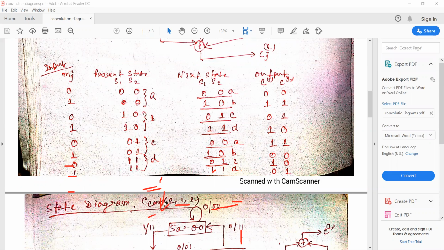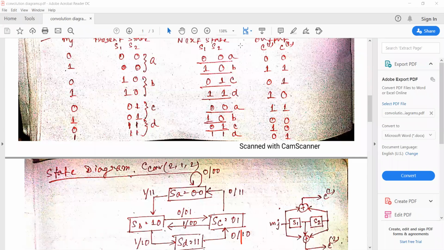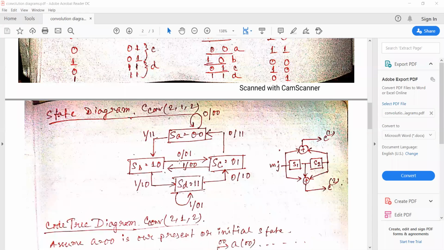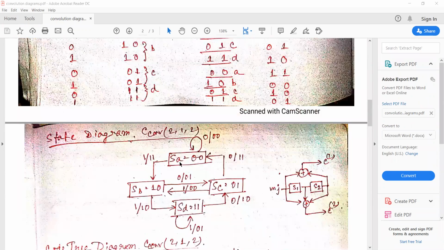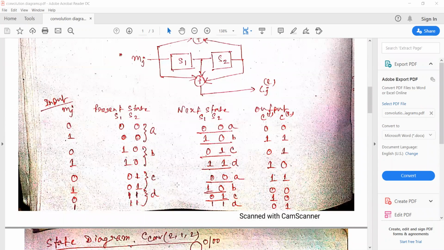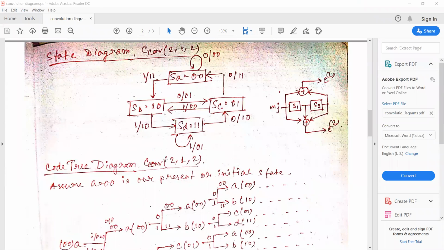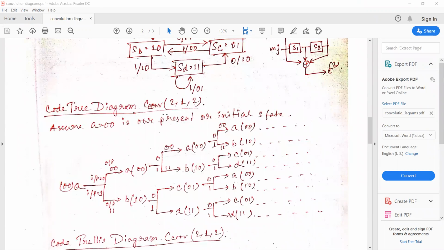This is also easy if you just follow the procedure step by step. Okay, let me erase all these sketches. So now, depending on this table, we will draw the tree diagram. Okay, now we will consider the tree diagram.